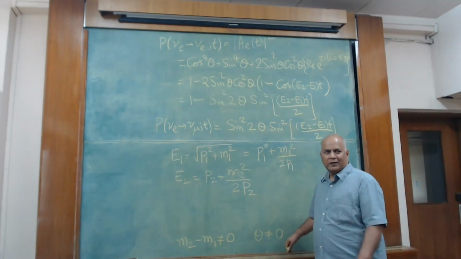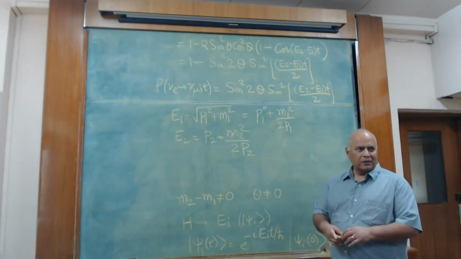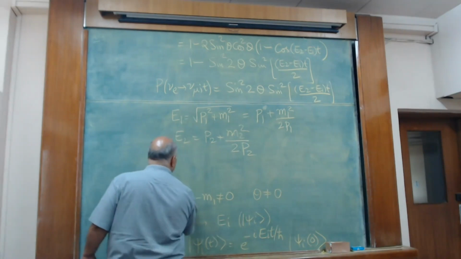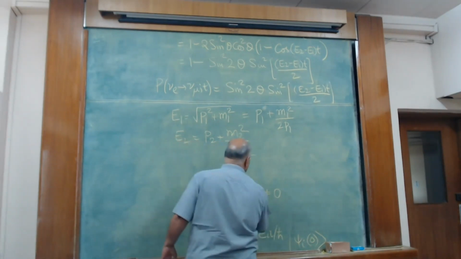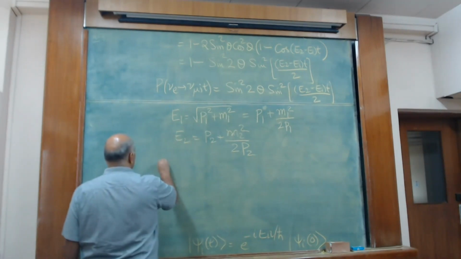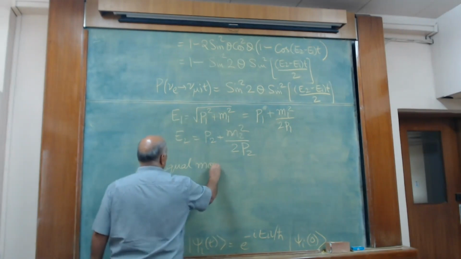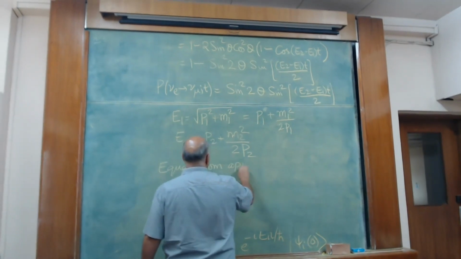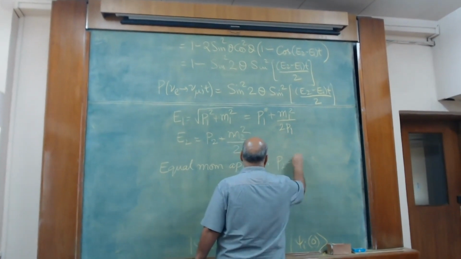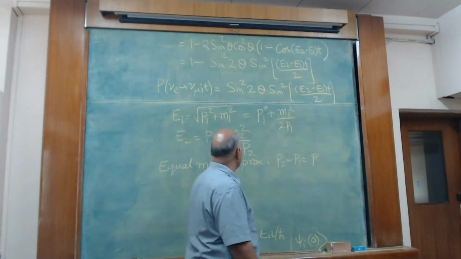And as I mentioned before, to keep the algebra simple, we make the equal momentum approximation. That is, we take P2 equal to P1.